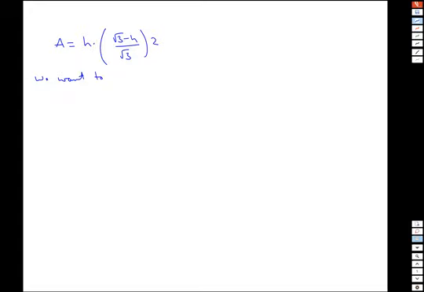All right, we want to maximize A, and to do that, we're going to look for critical points of A, and that means we're going to find dA/dh. Again, totally up to you how you want to do this.